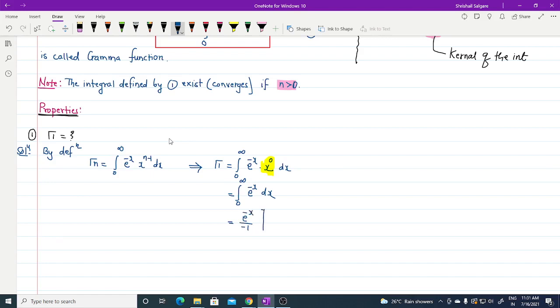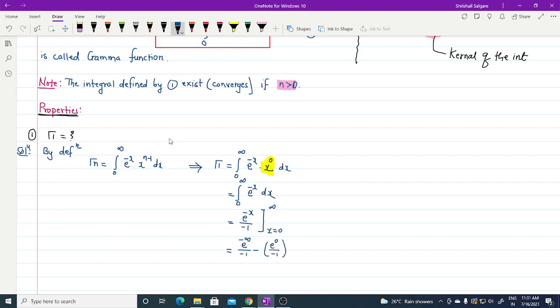Now this is a definite integral, so at the end you have to substitute the upper limit and the lower limit. When you substitute x equal to the upper limit, it becomes e to the power minus infinity divided by minus 1, minus the lower limit, e to the power 0 divided by minus 1.